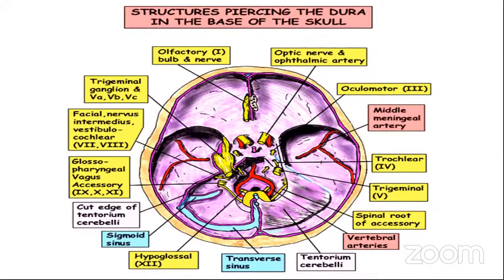And then this is middle meningeal artery. So you can see the fourth cranial nerve, that is the trochlear nerve, and the trigeminal. This is trigeminal. And then you can see this is the transverse sinus.